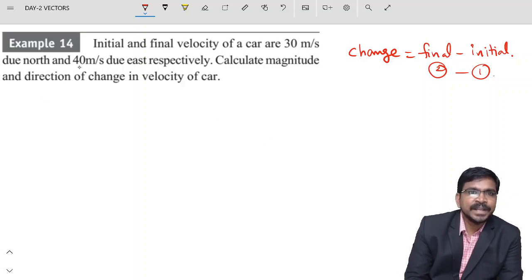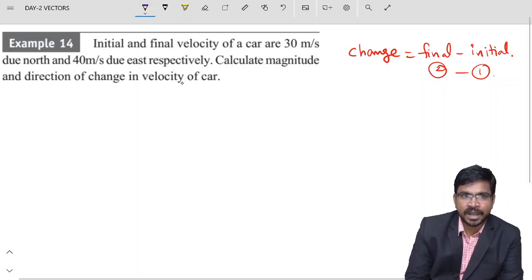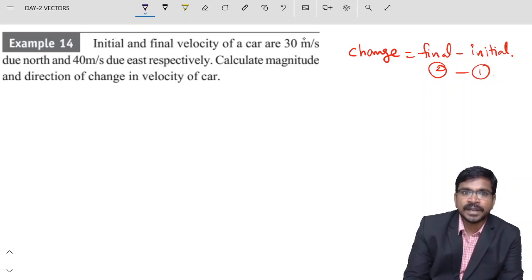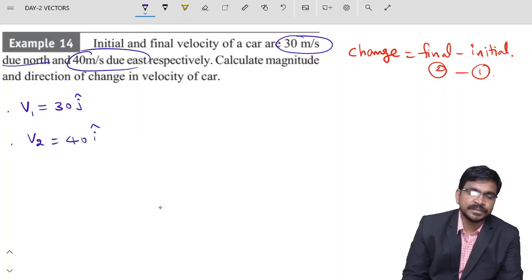Let me write down the given things in terms of the vector. Initial 30 meters in north. So V1 is 30 in J direction. And V2 is 40 in east. That means 40 in I direction. Right?